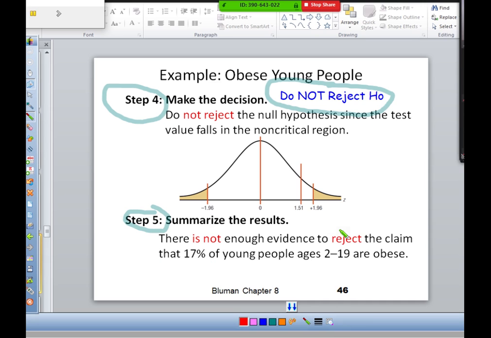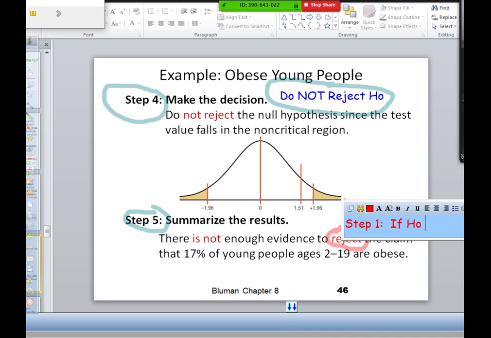So this first one, reject, depends entirely upon step 1. If H naught's the claim, then you're going to use the word reject.